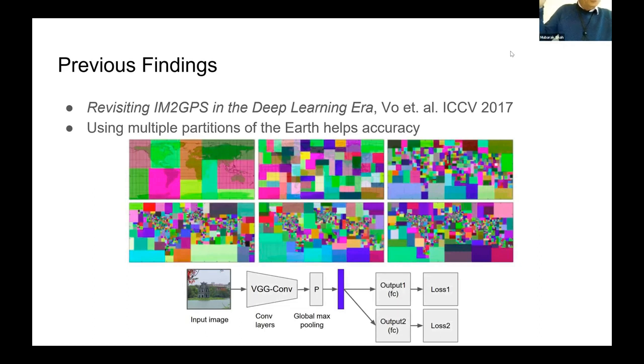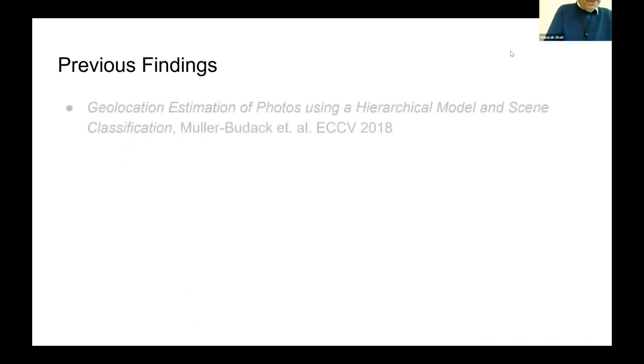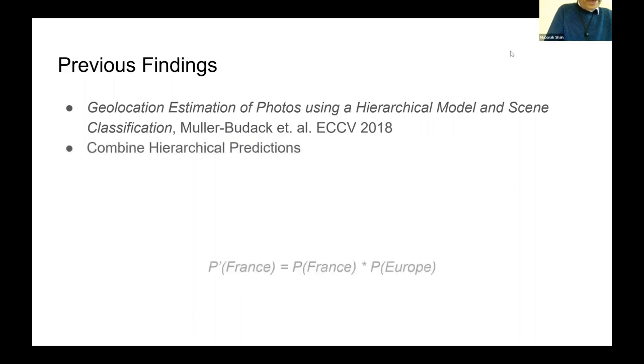They actually had these two classes: they were doing the retrieval-based method and also this classification-based method, as shown here. There was another interesting paper in 2018 by Muller, and they combined the probabilities from different hierarchical classification levels, and they found improvement.